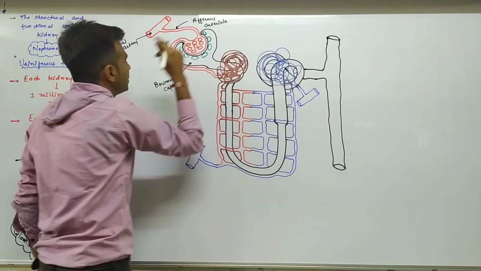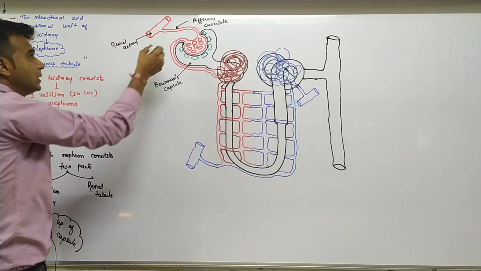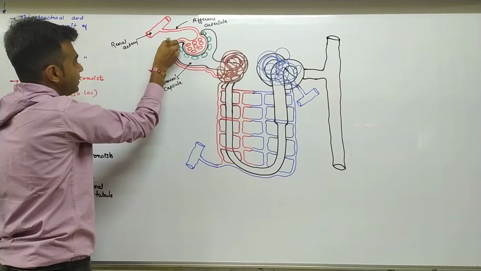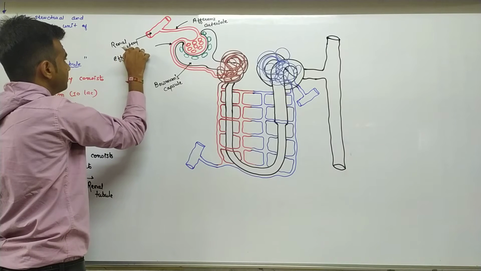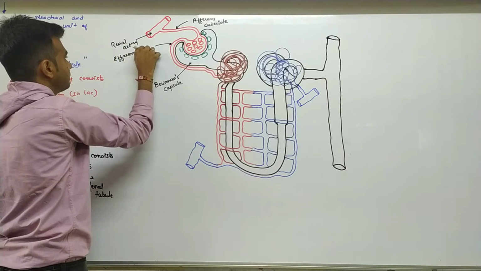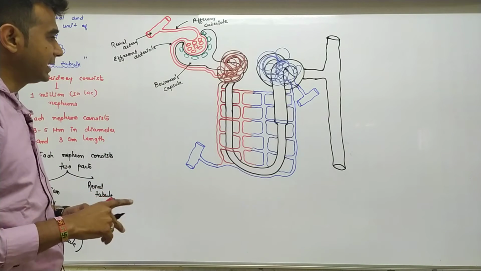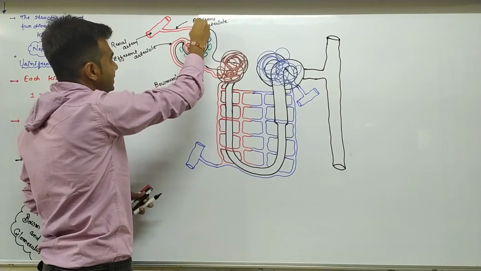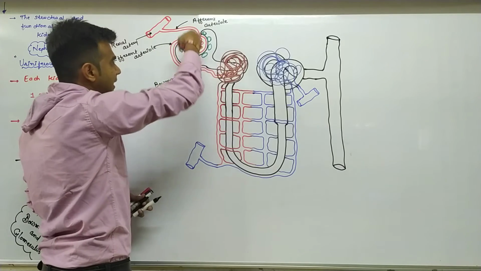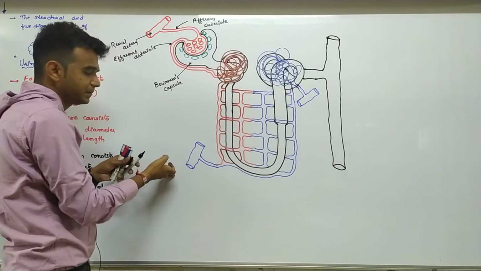The artery that comes outside of the Bowman's capsule is known as the efferent arteriole. So actually here, the blood from the renal artery enters inside the Bowman's capsule and then comes back outside of it, and here the blood mixes together and is collected in this tube.